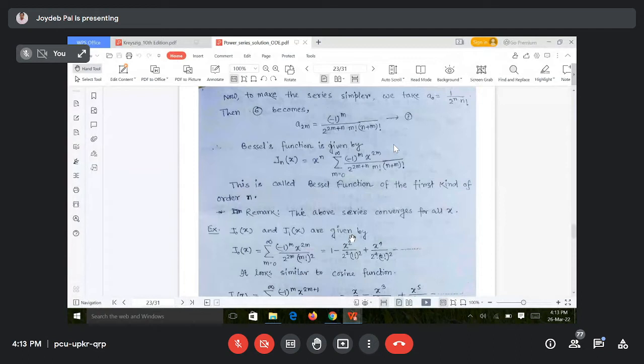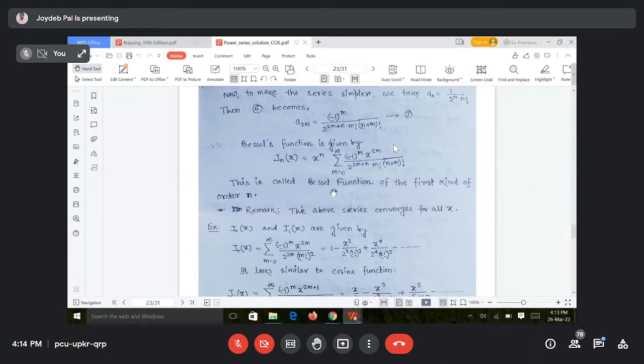Now see, that J n x, lastly I told, is x to the power n times the summation. You can write x to the power n outside, or you can multiply it inside the summation. So I have multiplied that x to the power n inside. So it will be minus 1 to the power m, x to the power 2m plus n, divided by 2 to the power 2m plus n, m factorial, n plus m factorial. Here I have taken n as a positive integer, and whenever n is a positive integer, that J n x is called the Bessel function of the first kind of order n.